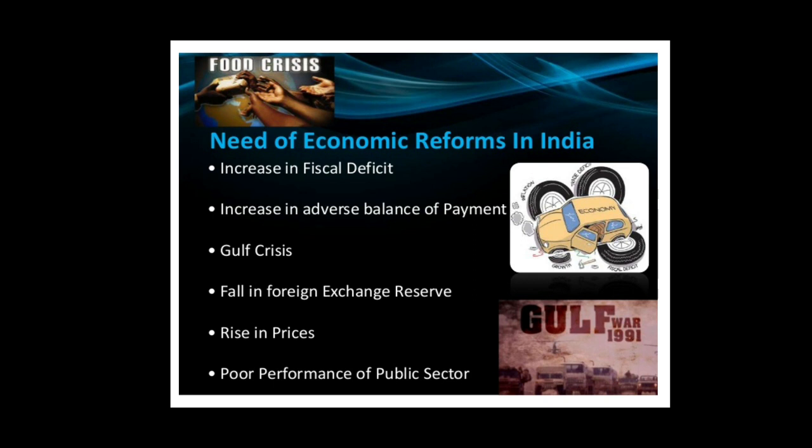In order to finance this huge current account deficit, the Indian government borrowed a huge amount from the rest of the world. Consequently, the foreign loans, or we can say the external debt, which were 12% of GDP in 1980-81, rose to 23% of GDP in 1990-91.